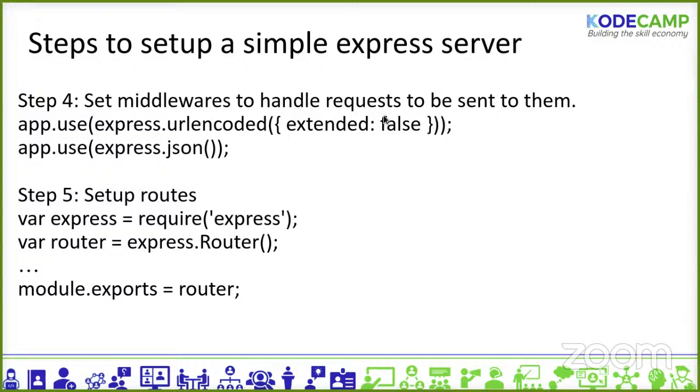I haven't set it to true before. It's always extended false. And there are other properties you can pass to this object to change the way Express treats URL encoded messages.